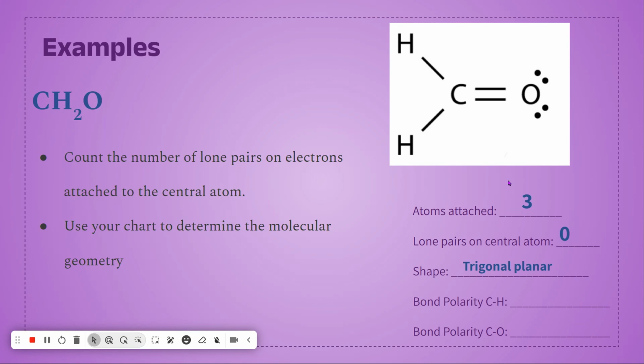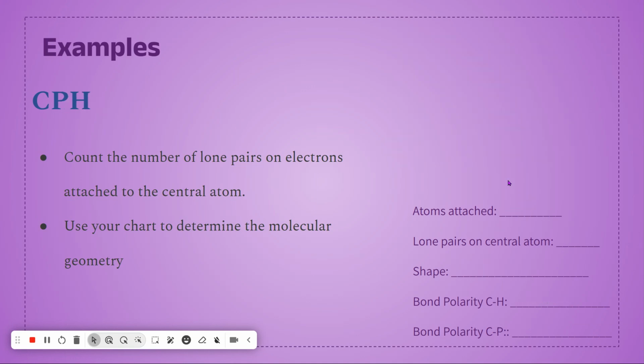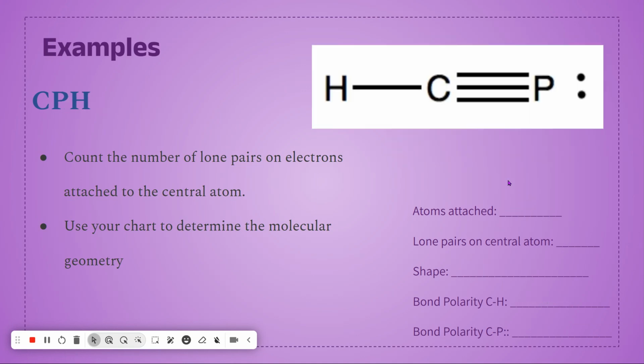All right, and now if we look at the bond polarity between the carbon-hydrogen bond and the carbon-oxygen bond. So carbon is 2.5, hydrogen is 2.1, so that's a difference of 0.4. So the CH bond is nonpolar. And then we said carbon is 2.5, oxygen is 3.5, so that's a difference of 1, which puts that into the polar bond category.